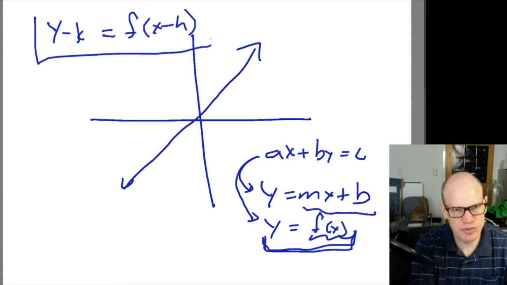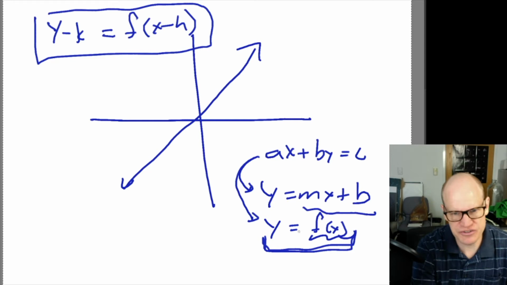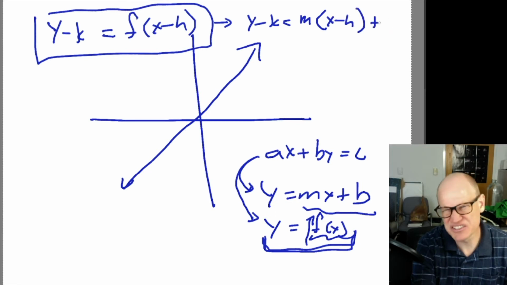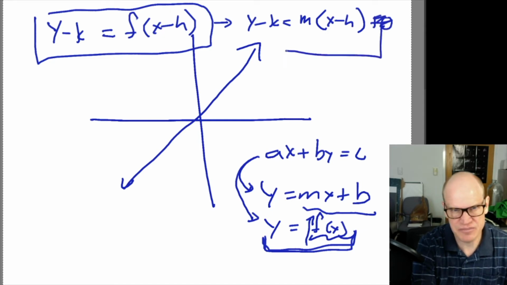So this is the point slope form. What that turns into, if you put all this up here, is something that looks like y minus k equals m times x minus h, plus some other number over here. Actually, in this case, this turns out to be 0, because you shift it up by that amount.